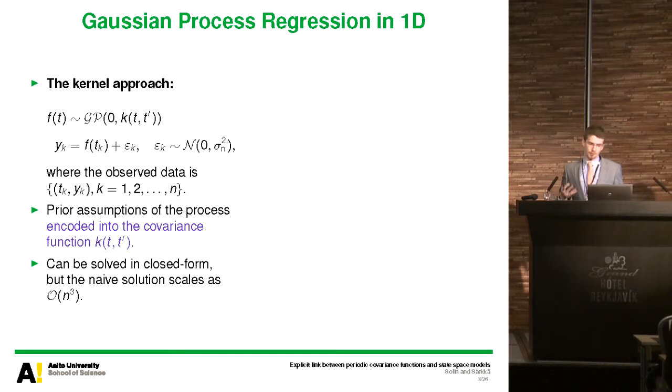And then we can do the inference. In this case, the basic approach scales as O(n^3), where n is the number of observations. So, in short, this is a good framework, but computationally quite heavy. All the prior knowledge is encoded in the covariance function, denoted by k here.